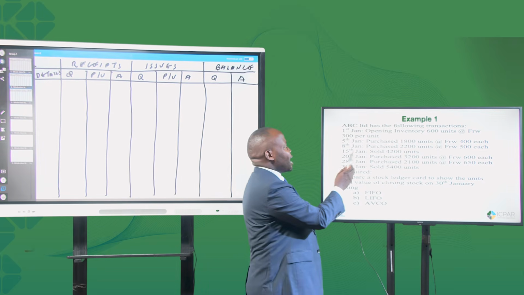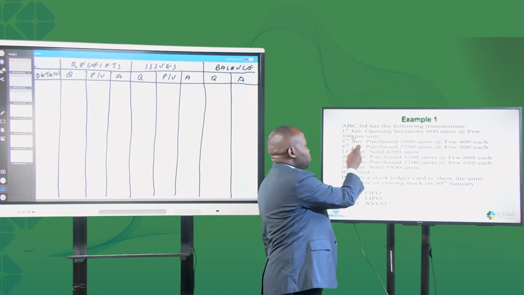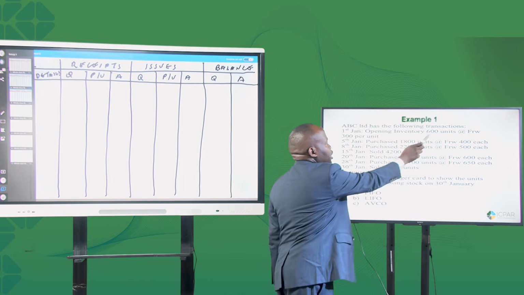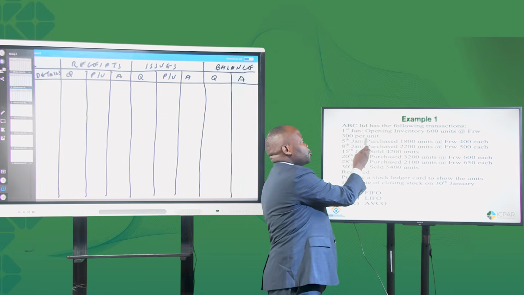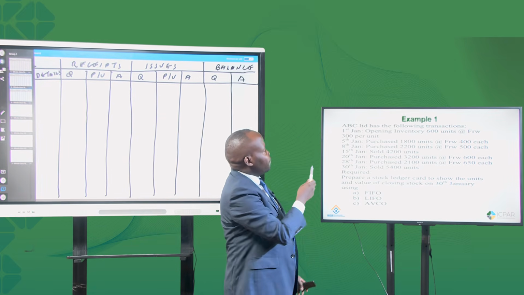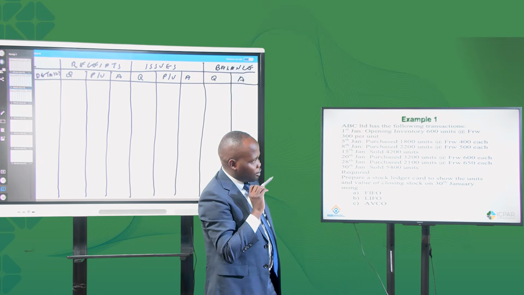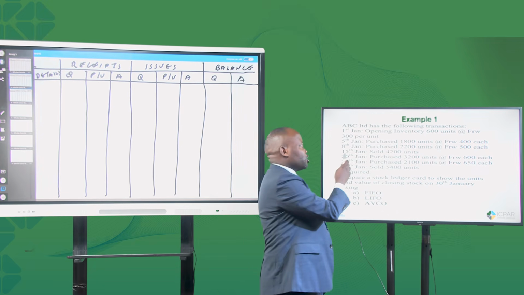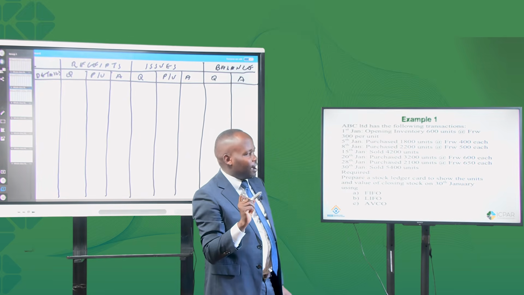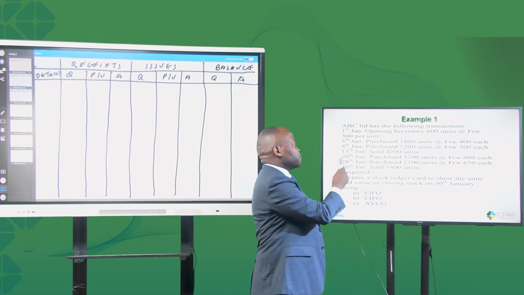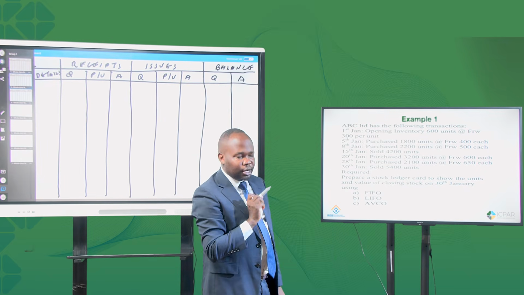ABC Limited has the following transactions. 1st January, opening inventory was 600 units valued at 300 per unit. 5th January, purchased 1,800 units at 400, and on 8th January, purchased 2,200 units at 500. The next date was 15th January. We sold 4,200 units.